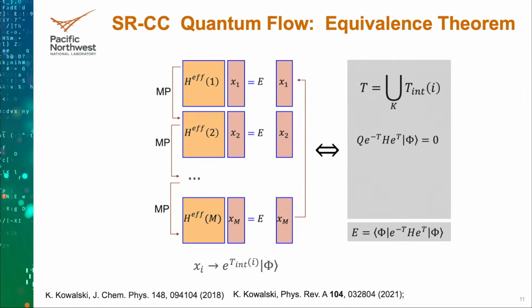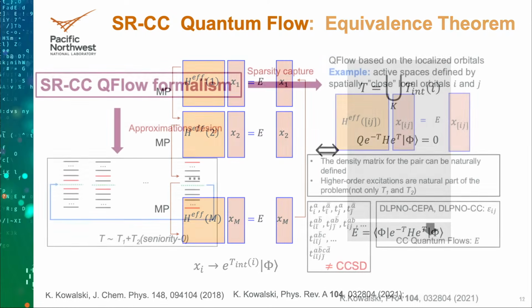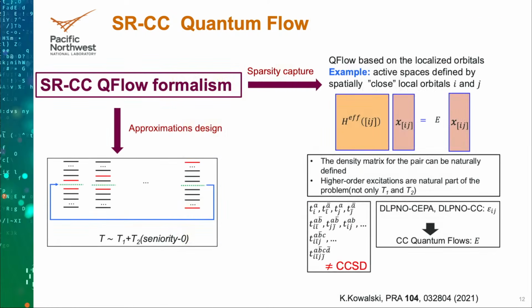By putting them in the form of flow, you can show that the solution of this flow formalism is equivalent to the solution of the standard coupled cluster formulation, which is approximated by a cluster operator, which is a unique sum of the internal excitations used for all those active spaces included in the flow. This opens a little bit new areas, directions in how we construct coupled cluster approximations.